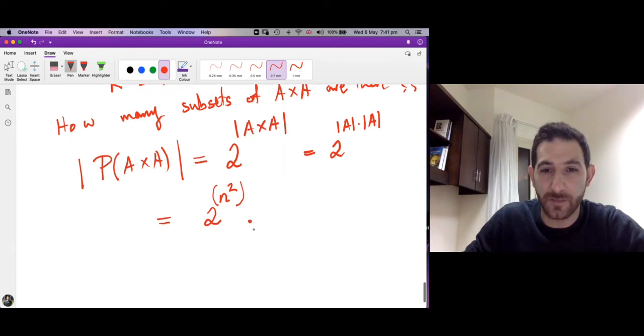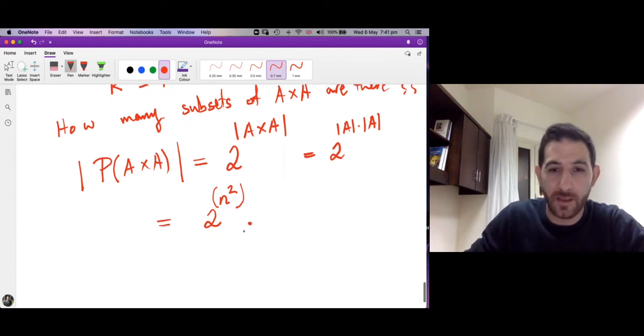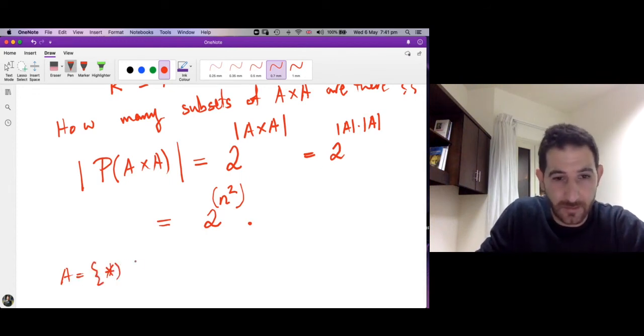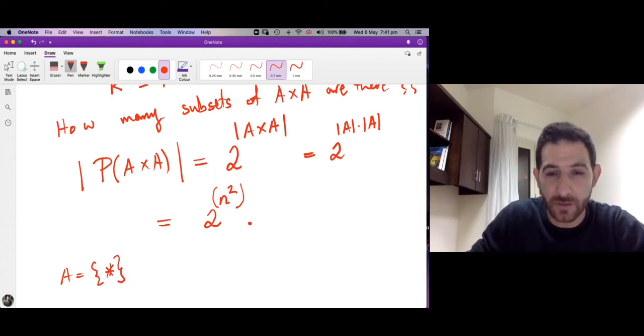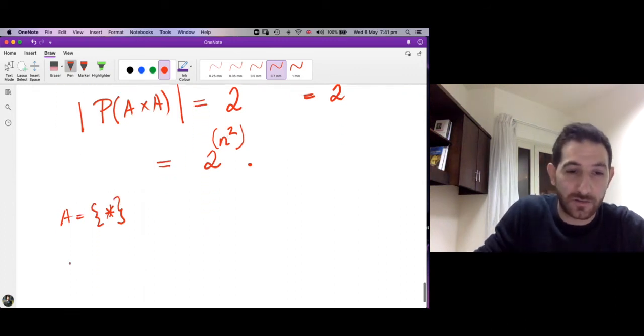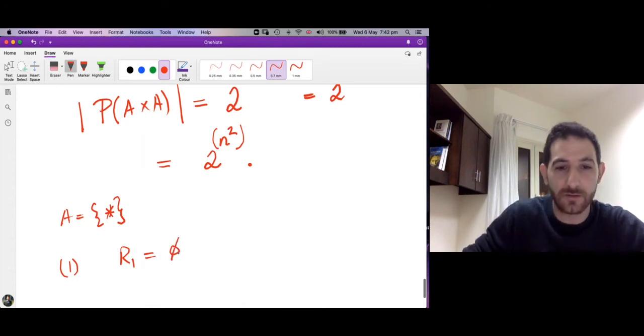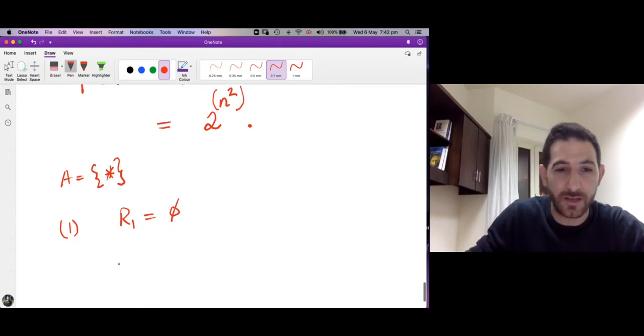So for example, if A has only one element, say star, how many relations are on star? If n is 1, 1 squared is 1, and 2 to the power 1 is 2. So there are 2 relations. What are the relations? One, let's call it R1, is the empty relation: no element is related to any element.